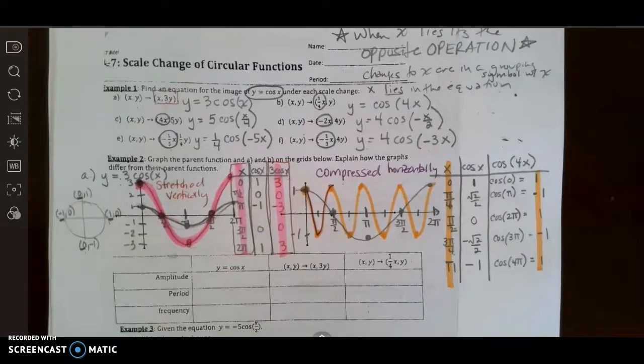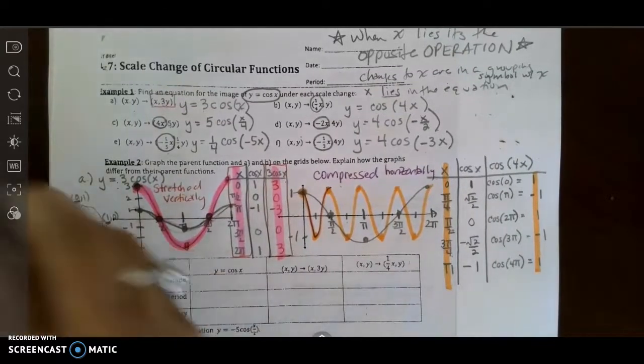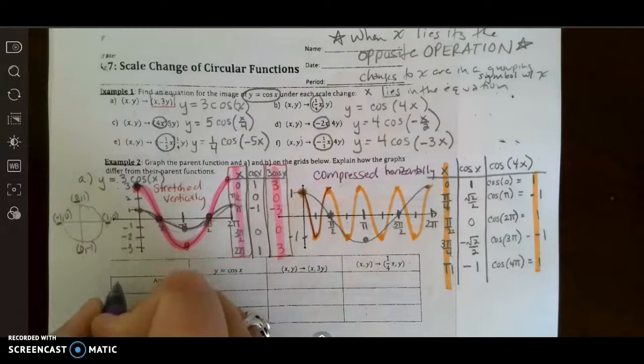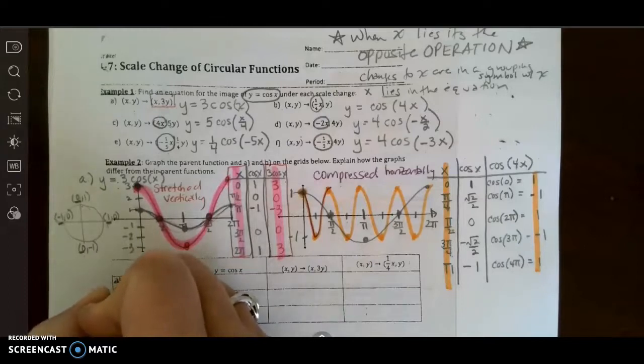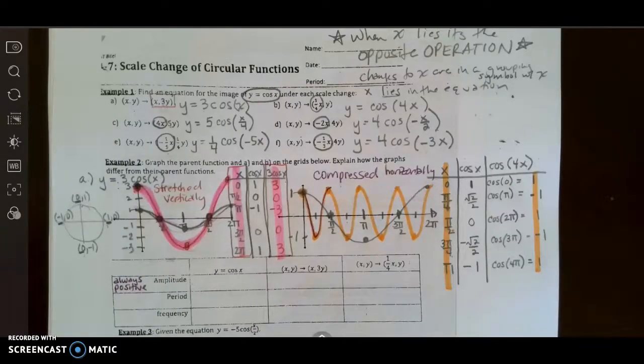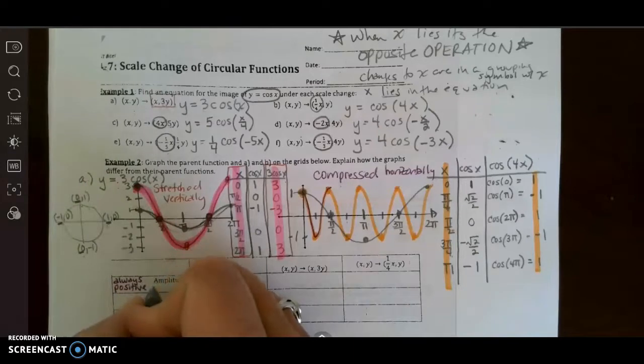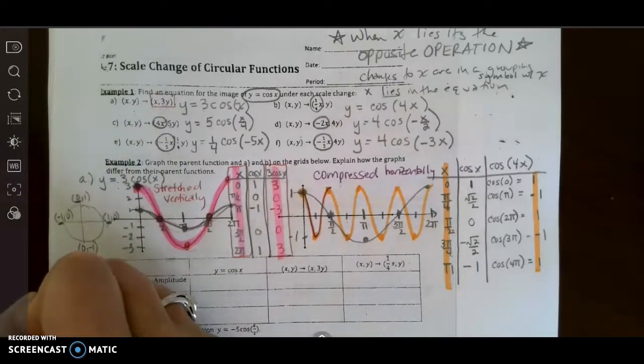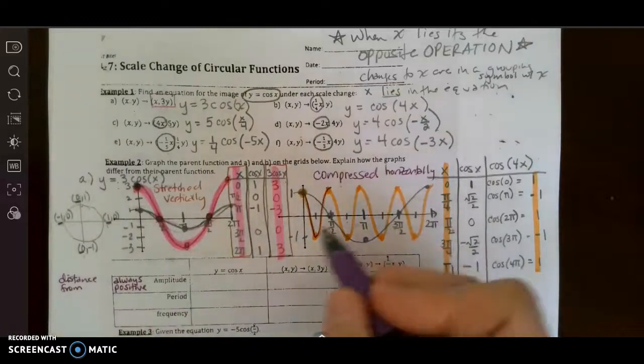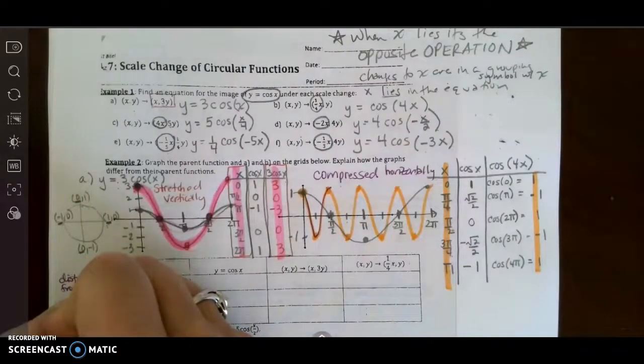Amplitude, just so you know, is always positive. And amplitude is distance from the axis. When I say distance from the axis, I mean distance from the x-axis.